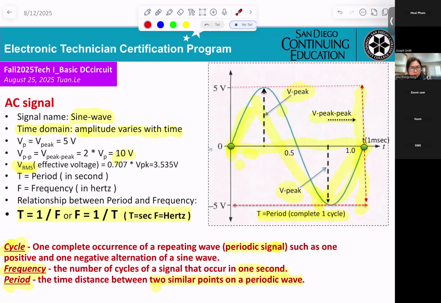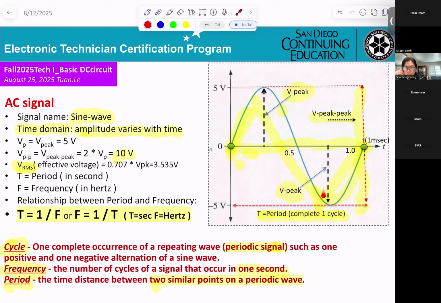And from 0 up to 1 millisecond, it repeats. That's what we call one period, a complete one cycle. When you're looking at the sine wave, from 0 up to the top is called V peak. So when I say V peak, you know what we're talking about.